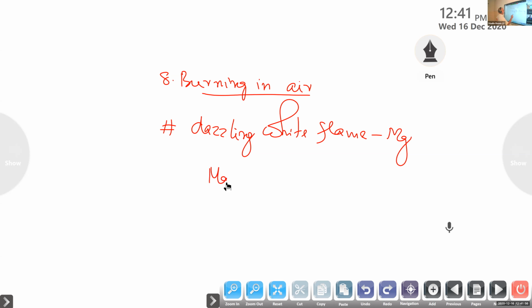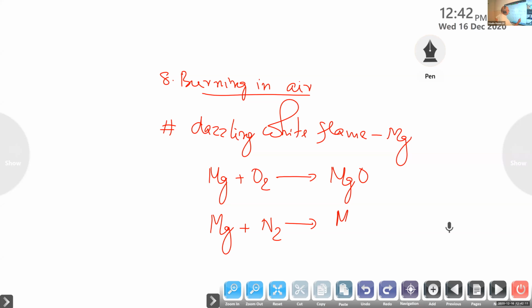Say magnesium plus oxygen giving magnesium oxide. This you have already studied. There is one more reaction: magnesium plus nitrogen giving magnesium nitride, Mg3N2.